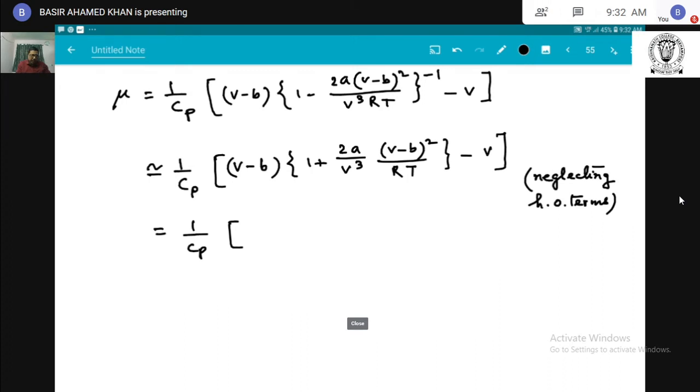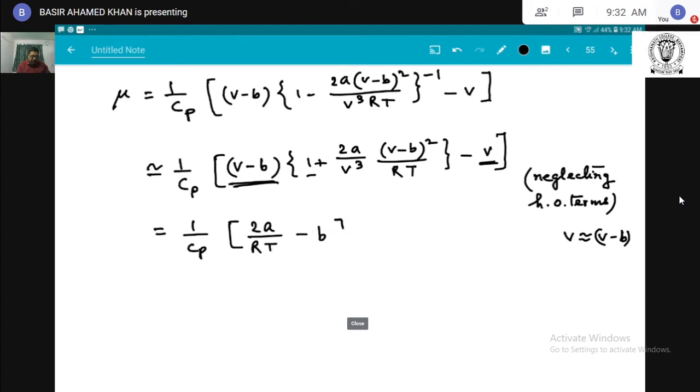It becomes 1/Cp [(V − b) into 1, and here is minus V, that means V cancels, minus b, and here we assume V almost equal to V − b, therefore we write here 2a/RT − b].